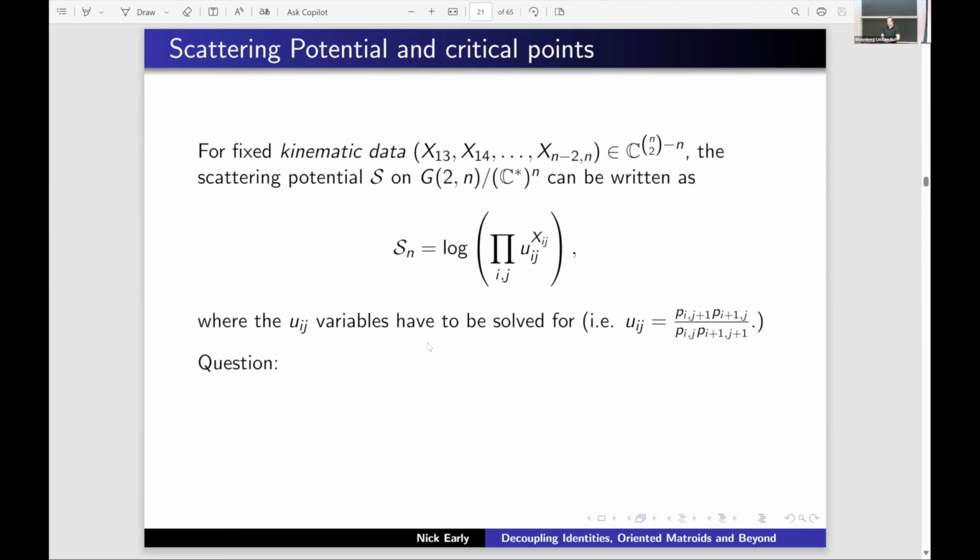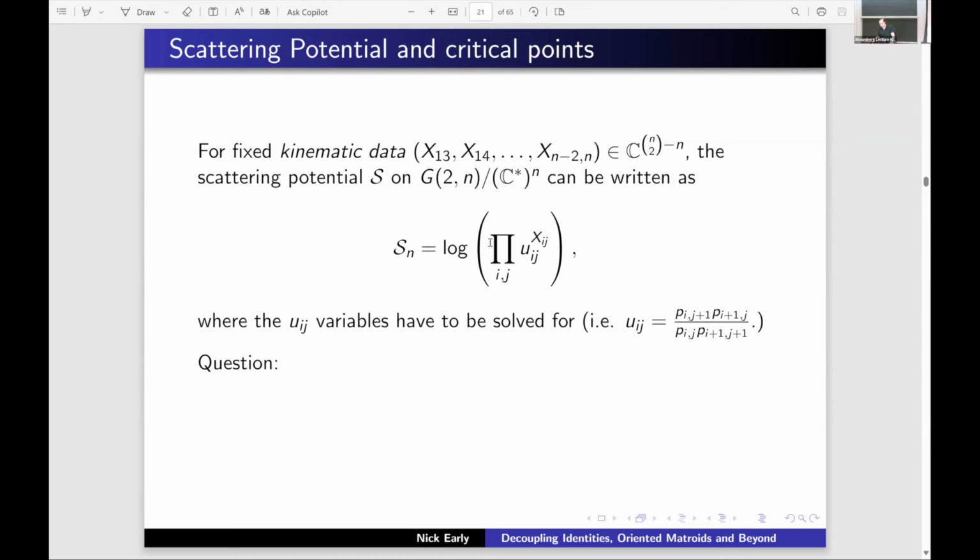Okay, so here you want a nice coordinate system on M0n. You can do that by taking the scattering potential, which was defined in terms of logarithms with Mandelstams as coefficients. Well, if you just do a little bit of linear algebra, you can arrange this such that when you take the log, you have xij times the logarithm of something.